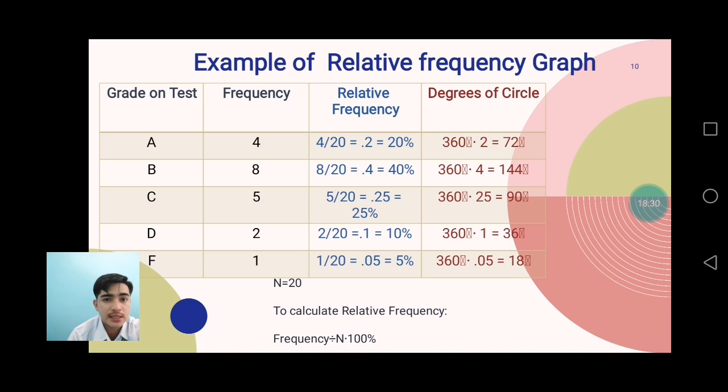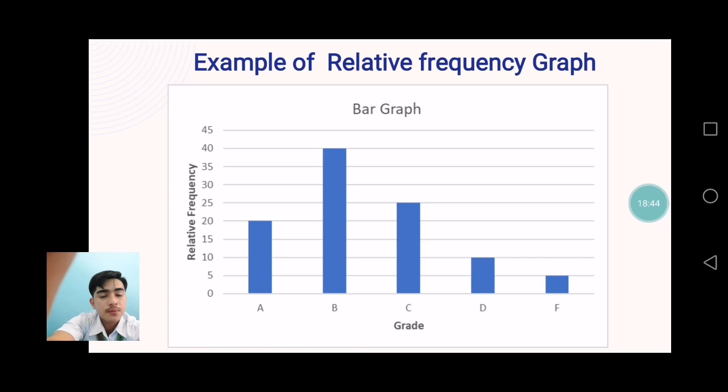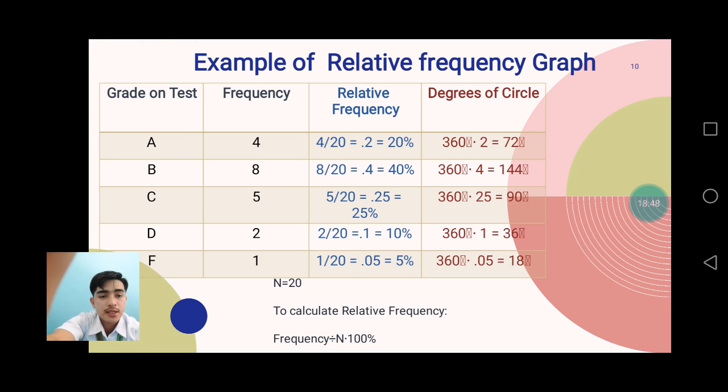And 360 degrees times 0.05 is equal to 18 degrees. So since the data is now complete, let us graph this.